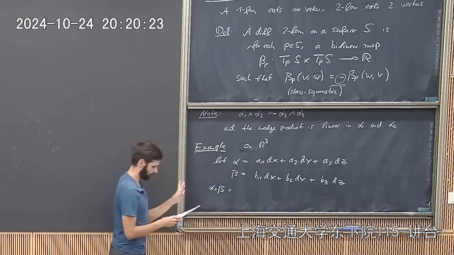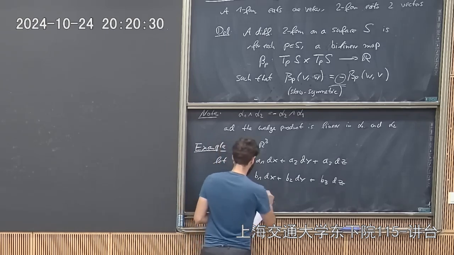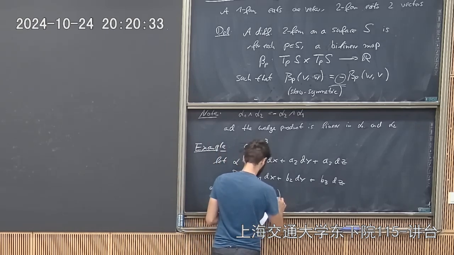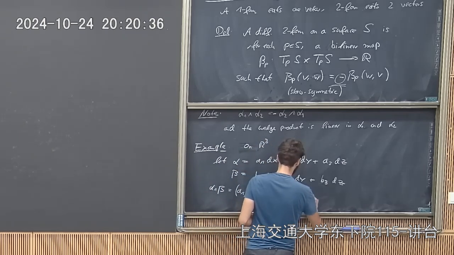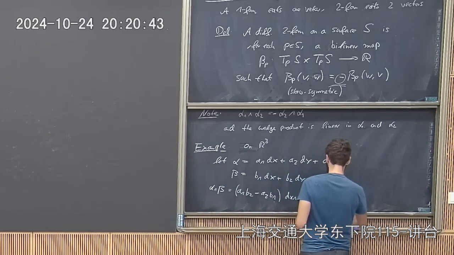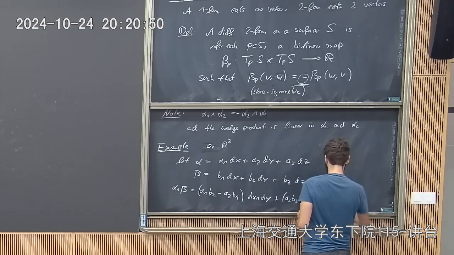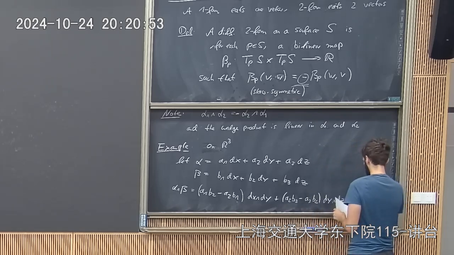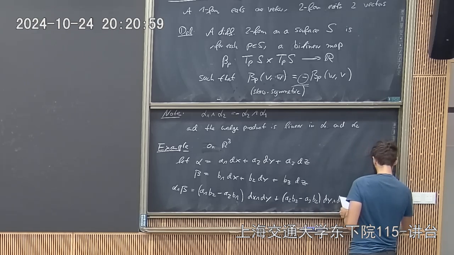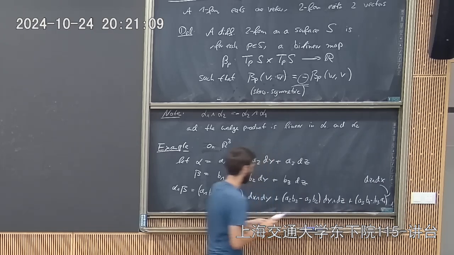Because it's linear and you can just collect all these terms, what you get is A1 B2 minus A2 B1 dx wedge dy, plus A2 B3 dy wedge dz, plus A3 B1 minus B3 A1, and then here we have dz times dx.